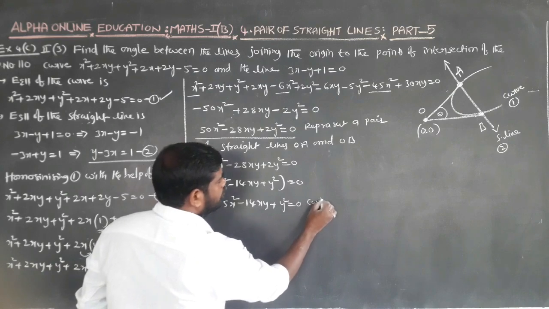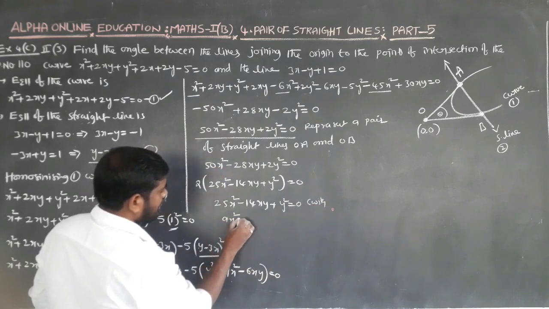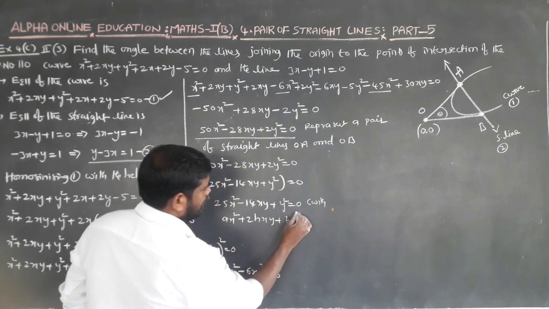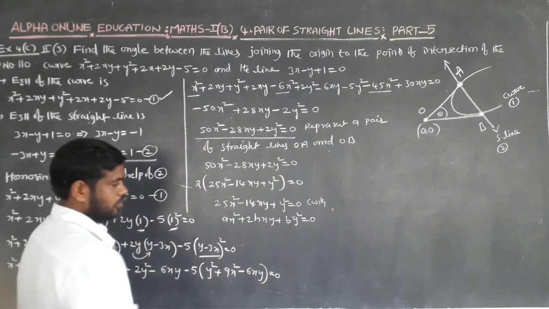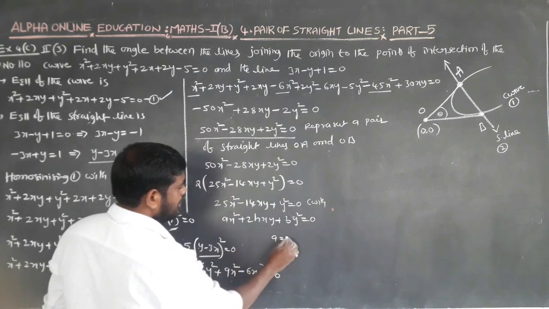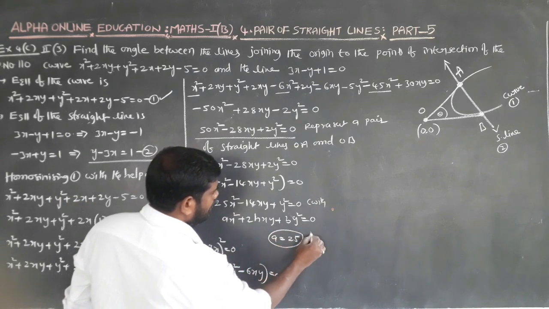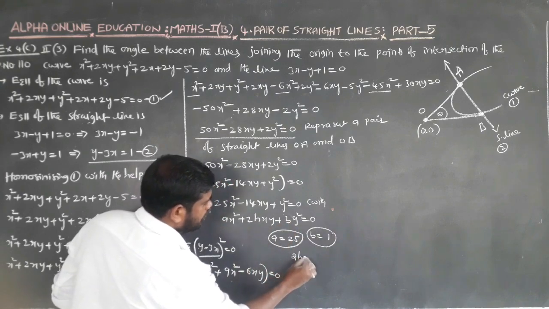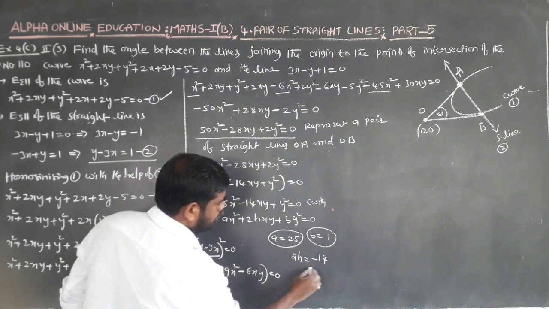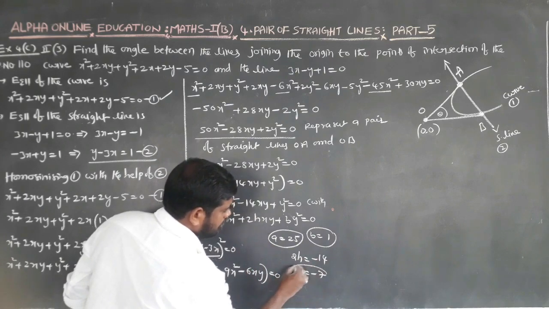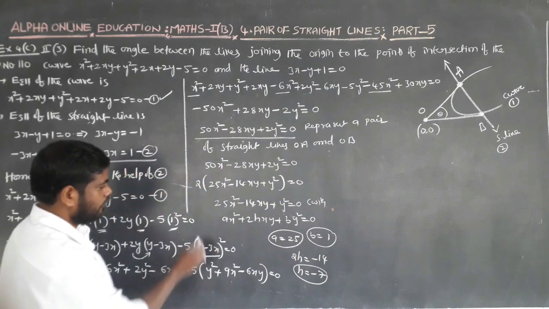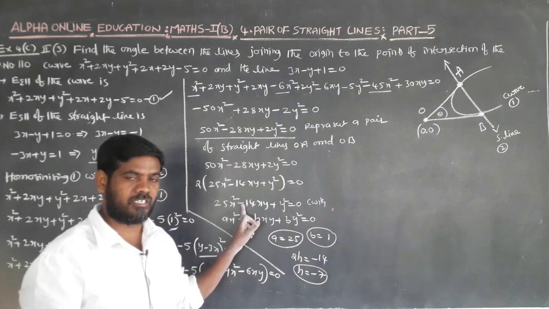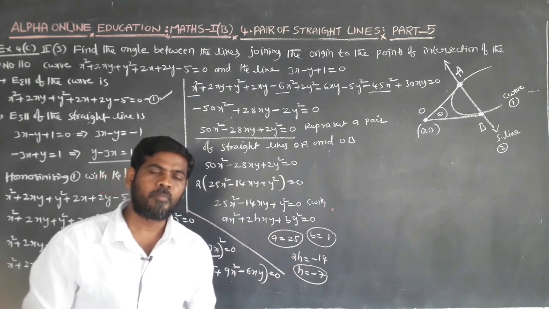This is the equation of the straight lines OA and OB.